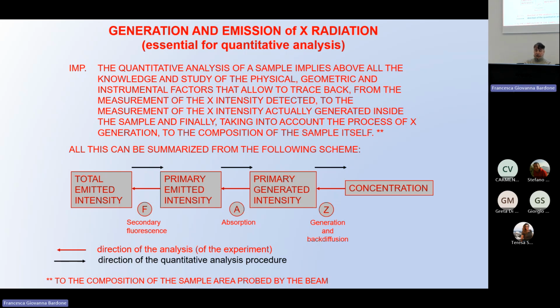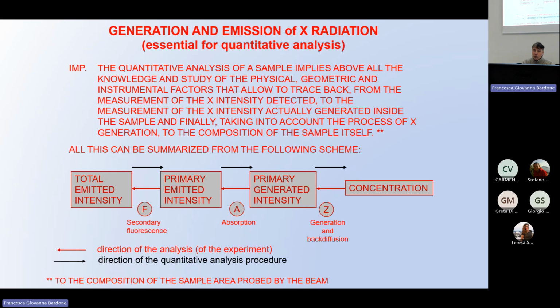This intensity is produced, say, 5 microns down, and tries to escape. All these X-rays can escape or some could be absorbed. As a function of the energy, some could be absorbed, others less absorbed, in a different way.